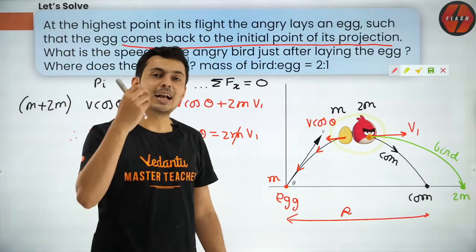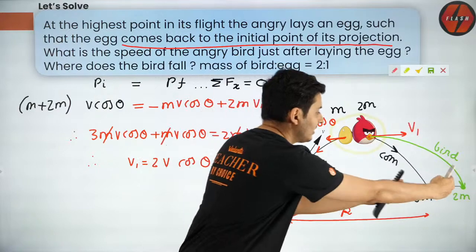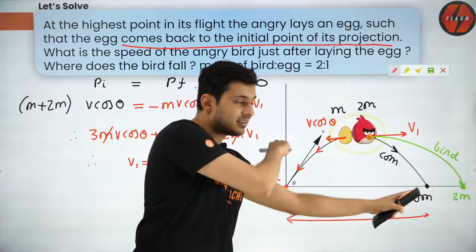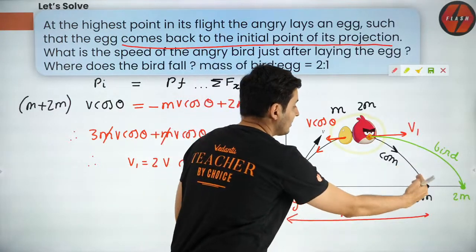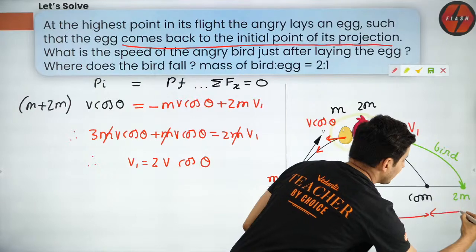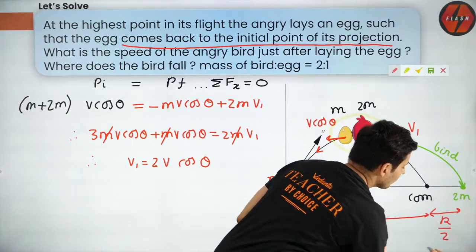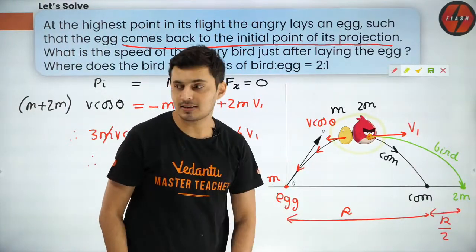Use that and you will get the answer, guys. So if this distance and this distance will be in the inverse ratio, what will you get? Think about it. This will be 2, this will be 1. Inverse ratio. So this distance will be r by 2. So that's where the bird will fall. Understand that.